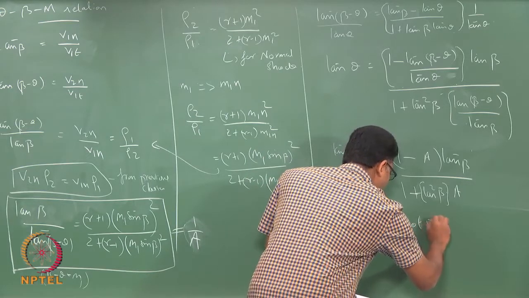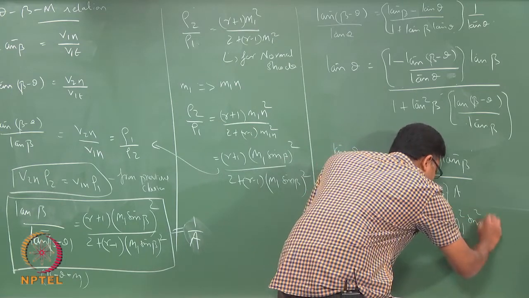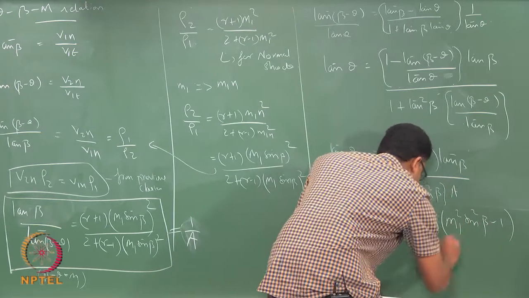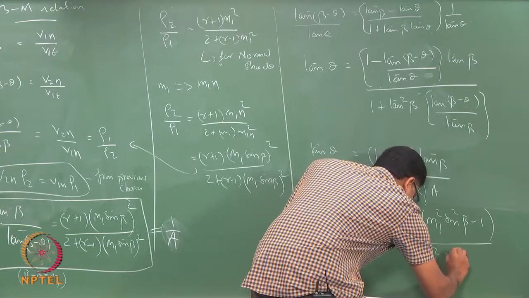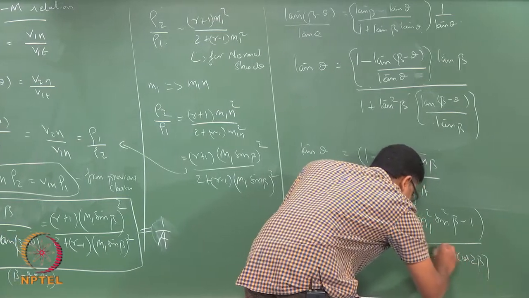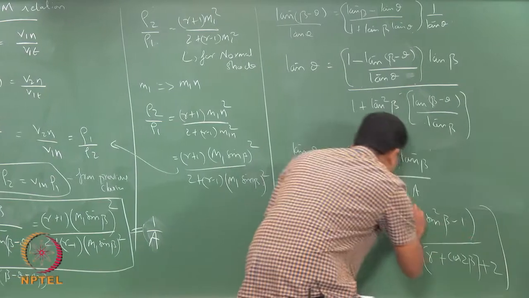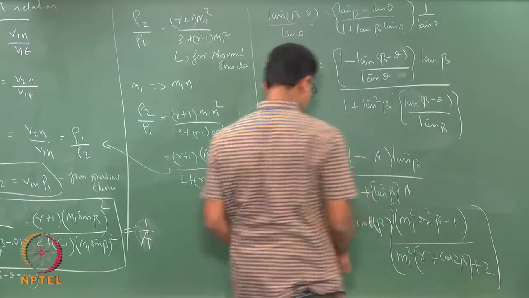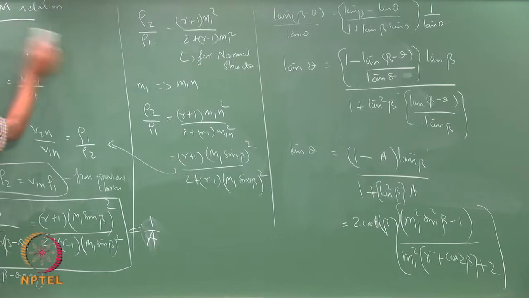2 cot beta into m1 square sin square beta minus 1 divided by m1 square gamma plus cos 2 beta plus 2. Okay. I will write that equation here again.